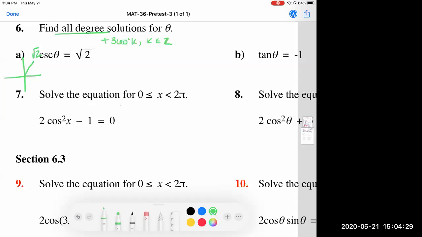And it's also a positive square root of 2 at all students take calculus at sine. So it's also there. So our answer for theta would be 45 degrees and 135 degrees.